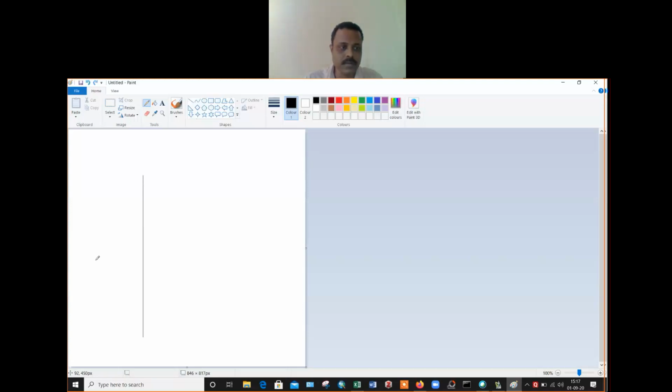Let us assume that this is our coordinate system. This is y, this is my x, and this is 0, 0. So what I want to do is, let us take another line, from here up to here, and from here to here.